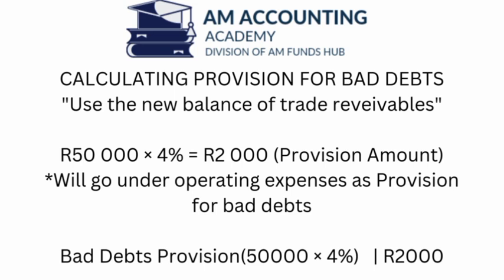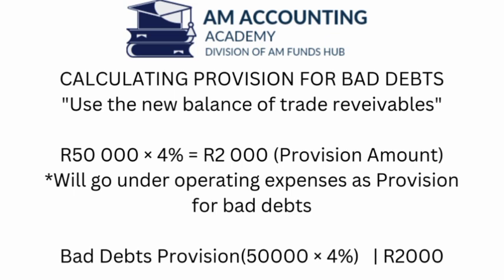Now the next step you'll have to take is to calculate provision for bad debts. Now you need to use the new balance for trade receivables, that is the 50,000 which we calculated. So therefore 50,000 multiplied by 4% will give us 2,000 rands. This is our provision amount for bad debts.